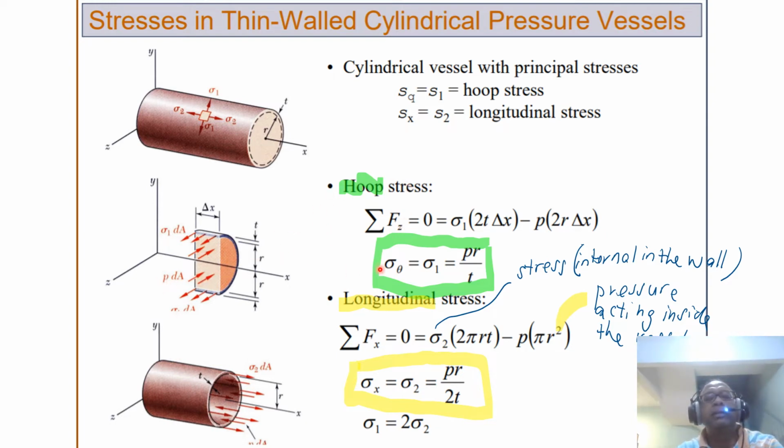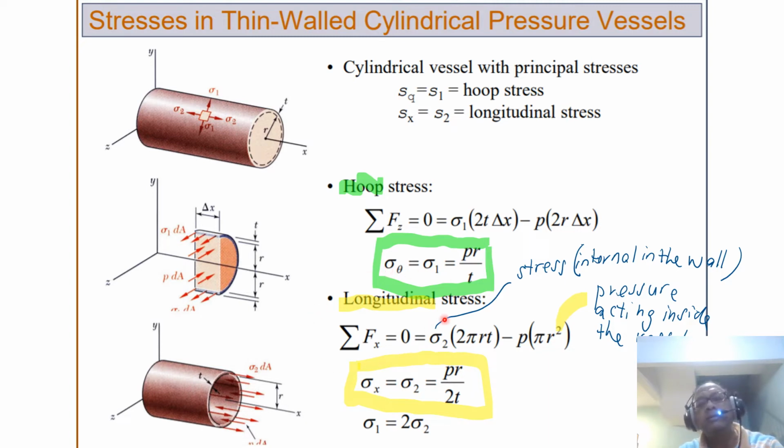Then we apply force equilibrium, where the force in the radial or horizontal direction should be 0. That gives sigma 1 times 2t delta x, where t is the thickness and delta x is the length, minus p times 2r delta x. Since delta x is common, we can strike it out, and we find that the hoop stress, sigma theta, equals sigma 1 equals p times r divided by t.